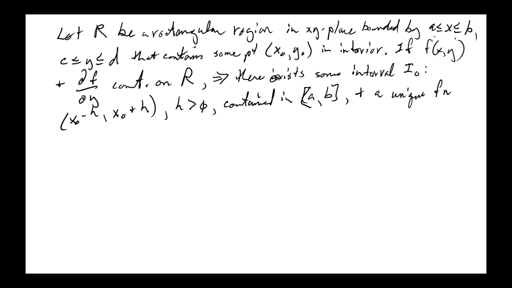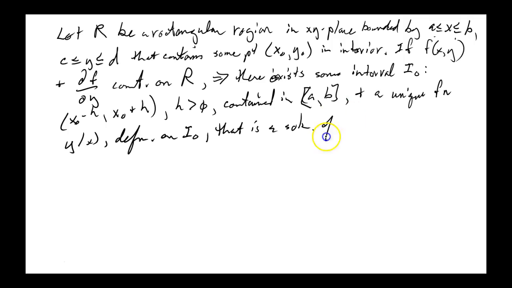We're going to call this y of x, defined on I sub 0, that is a solution of the initial value problem. Remember IVP, initial value problem.